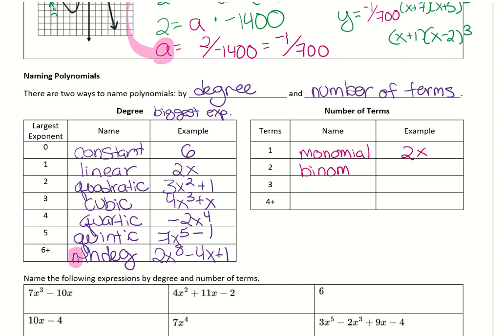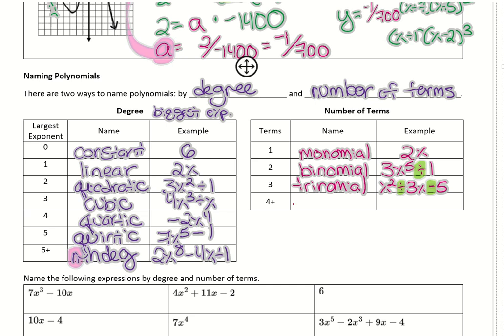The prefix bi means two, like a bicycle has two wheels. So 3x to the fifth plus 1 is a binomial because it has two pieces separated by either a plus or a minus sign. The third one is a trinomial. That's three pieces. So for example, x squared plus 3x minus 5 has three pieces separated by a plus here and by a minus here.